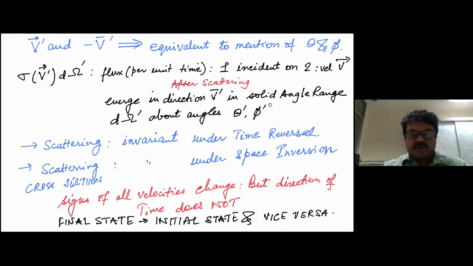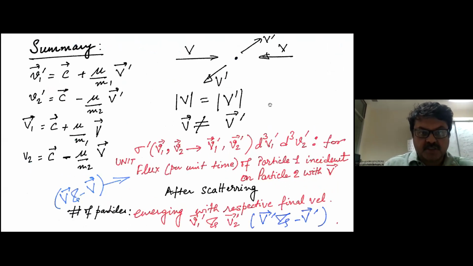So let's start from where we left off in the last class. We had basically defined the collision, where particles are approaching each other with V1 and V2.